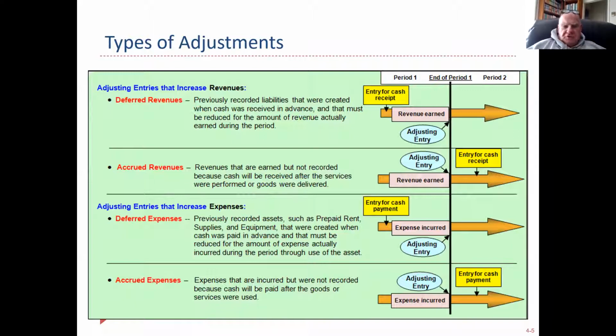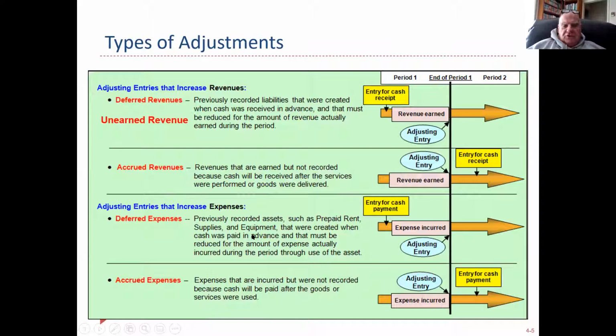So when you purchased that prepaid insurance policy, you debited the asset account called prepaid insurance for $12,000, and you paid cash, say credit cash. We don't really care. So that asset at the end of the year is sitting there and it's worth $12,000. It is a valuable asset to have.